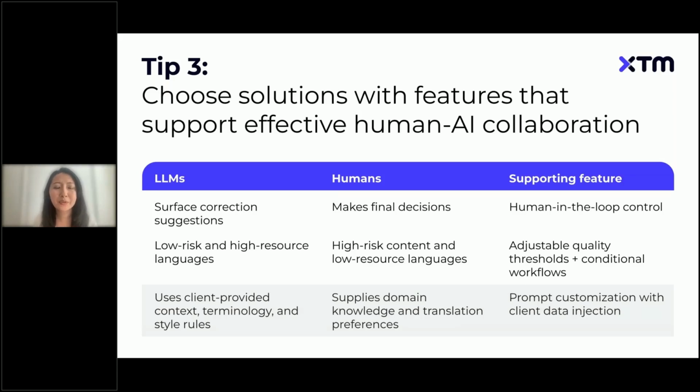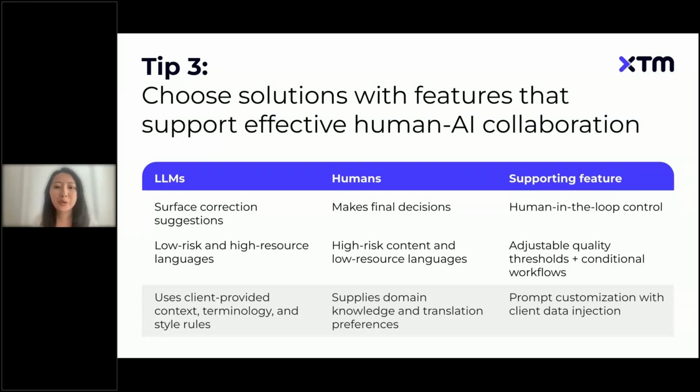In the second model, AI handles scale, humans handle risk. Here, AI is more likely to be used to handle high volume, low-risk content, especially in high-resource languages where training data is abundant, right? Human experts can step in for things like critical or sensitive content, low-resource language pairs, and many others.